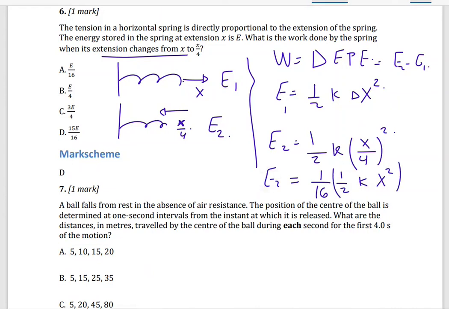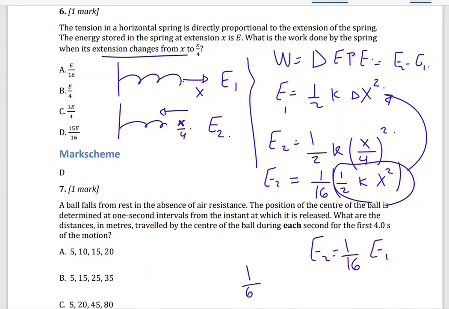So energy 2 is equal to 1 over 16 of energy 1. This is the same as the energy at position 1 when the extension is X. So if I find the difference between them, 1 over 16 E1 minus half E1 will give me 15, just ignore the negative, 15 over 16 E. So the correct answer is E.